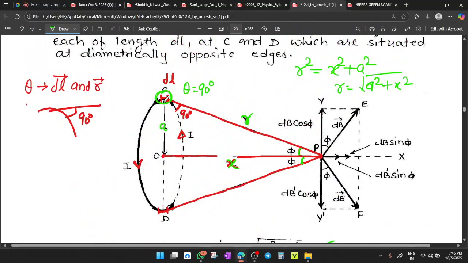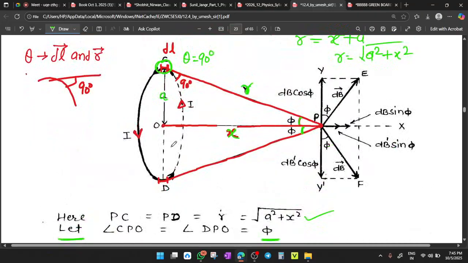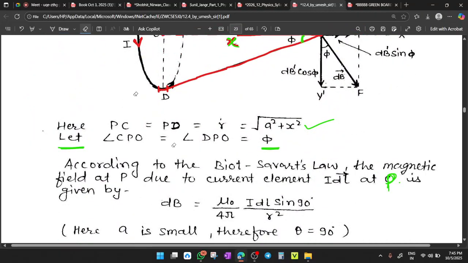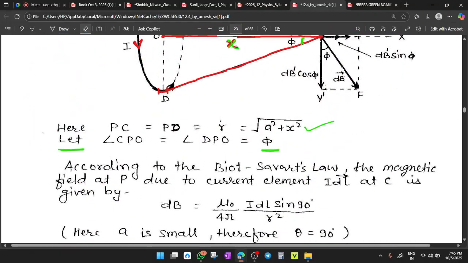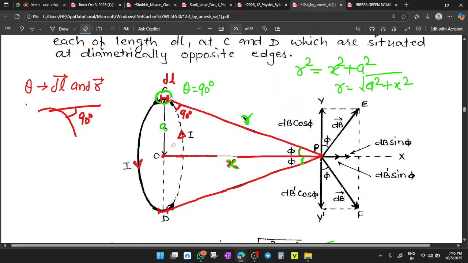Wait. At point C, it is equal to, yes, sorry, it should be C. No problem there. It is only C. First, we have to find the magnetic field because of this point.